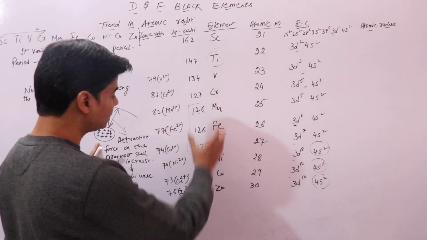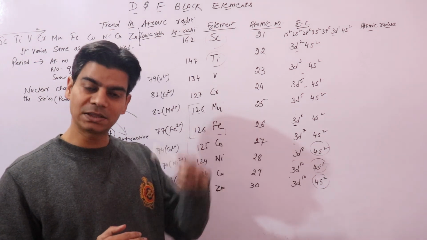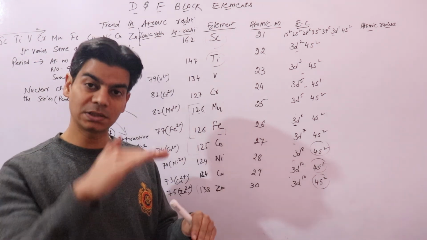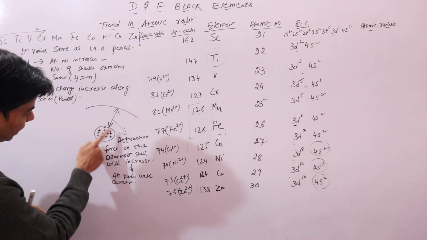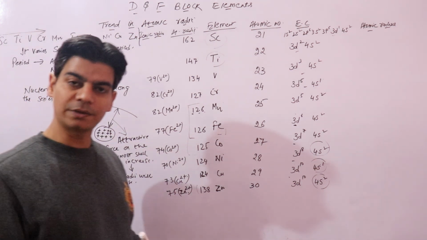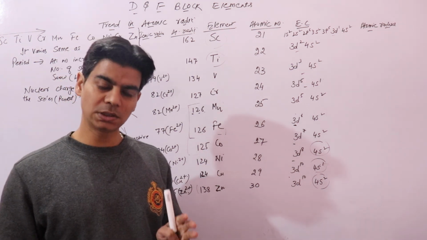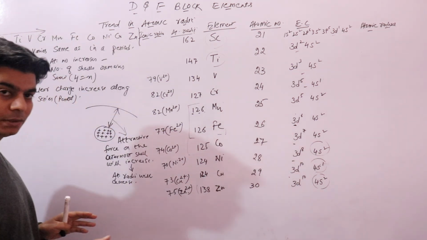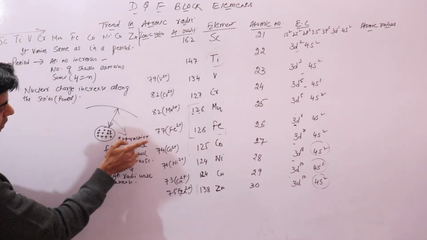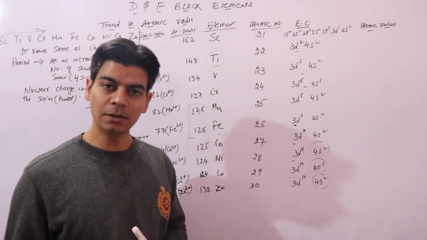Now when this decrease is lessening, that means this attractive force due to nuclear charge is going down, that is, this attractive force is decreasing. Now this attractive force is decreasing because there is something coming between this outermost shell and this nucleus. And what is that which is coming?